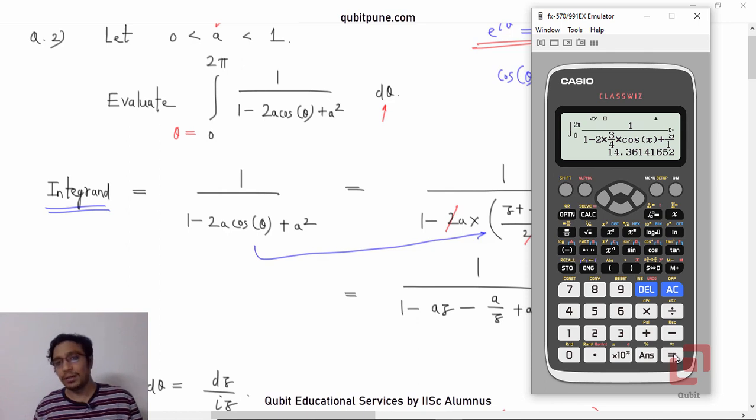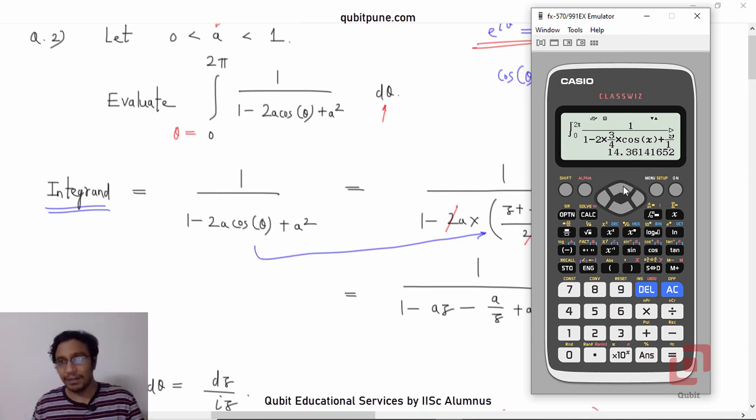The value that the calculator has produced is 14.361. Now let us go to 32 pi by 7. 14.361. Well, there is a minor difference. 14.3615, 14.3614. But nonetheless the answer is correct.